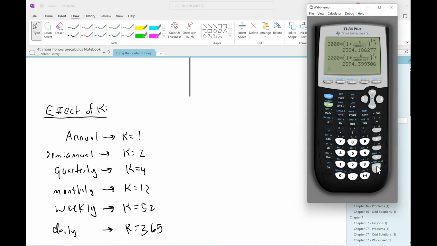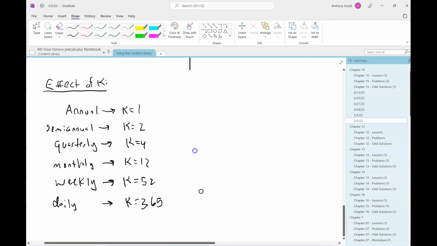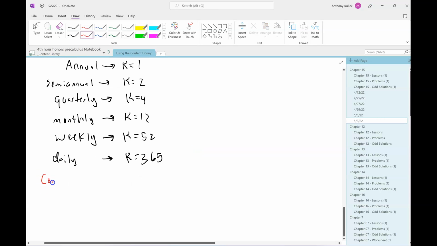So what are we seeing? That as that value for K goes up, the improvement in your earnings is kind of decreasing each time, right? It's still, I mean, a bigger K is better, period. But the bigger it gets, the less effect it is having. You know what I mean? So that being said, what if we have it compounding continuously?